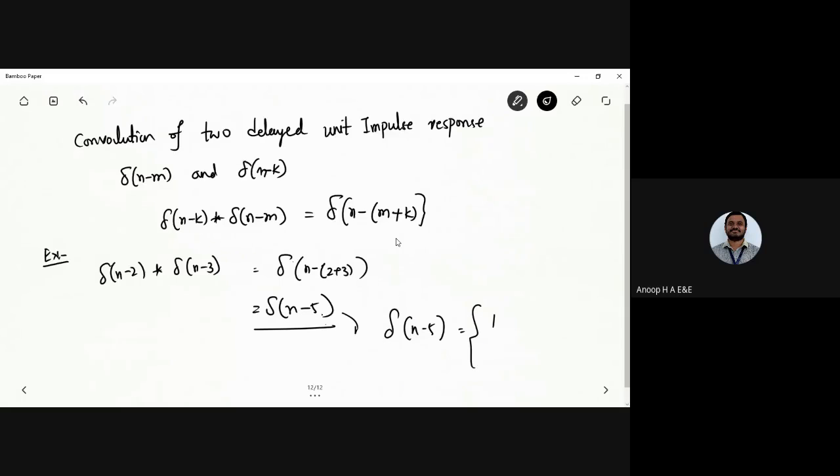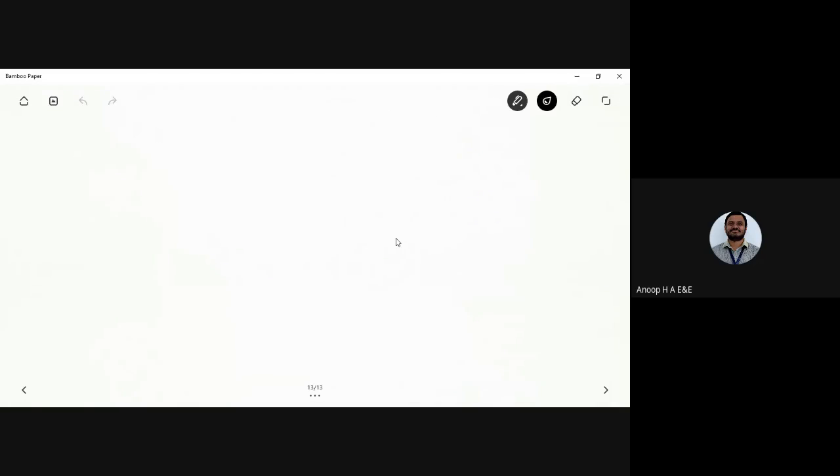Okay, that is 1 and 0. N minus 5 equal to 0, that is n equals 5, gives 1, and n minus 5 not equal to 0, that is any other value other than 5, it will be 0 there, and it will be 1 only at n equals 5.